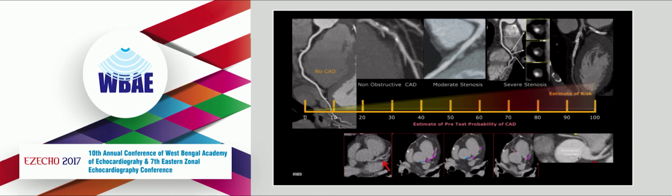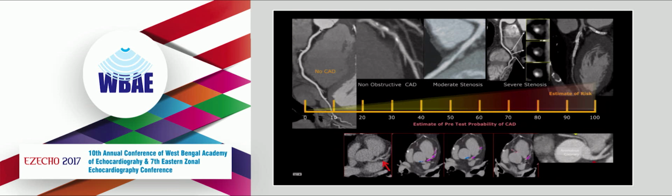You can also assess risk based on how the coronary arteries arise, and here is an example of an anomalous right coronary artery going between the aorta and the pulmonary artery, and many people believe this confers a high risk situation. The other question we need to answer is degree of stenosis.